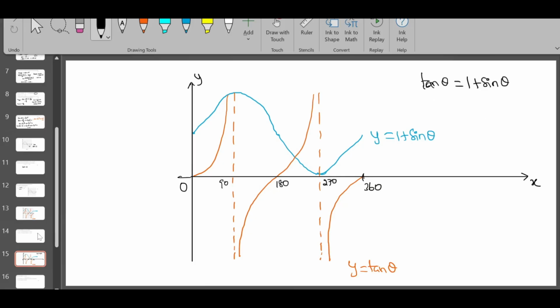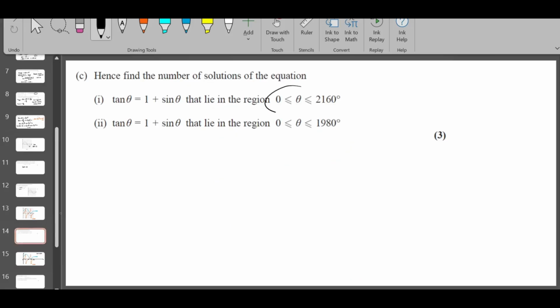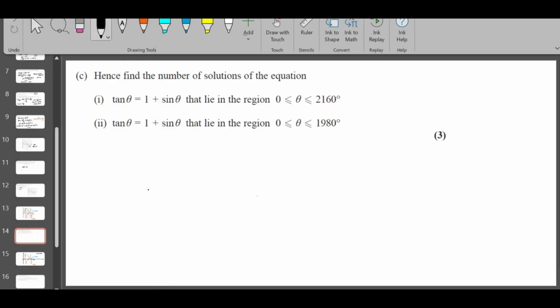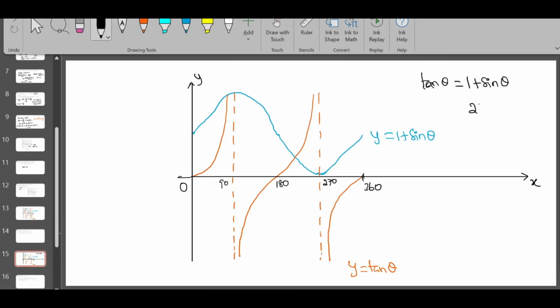And in the interval 0 to 2160, when we divide 2160 by 360, we are getting 6. What does that mean? If we divide 2160 by 360, there are 6 intervals actually. So by looking at the point of intersection between 0 to 360, we can say how many points of intersection are there in this interval.